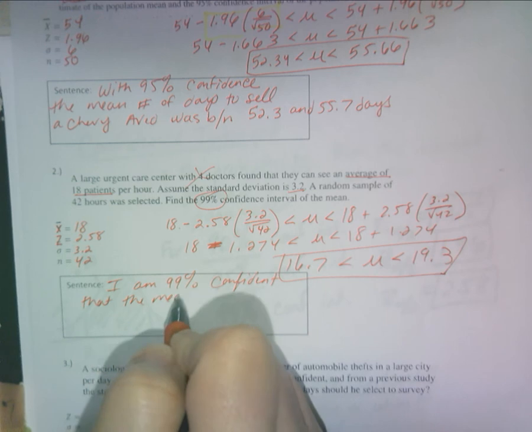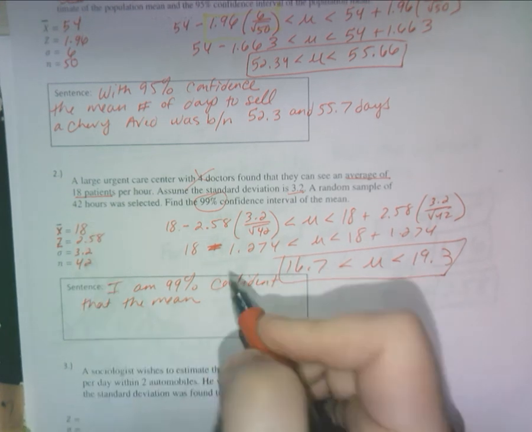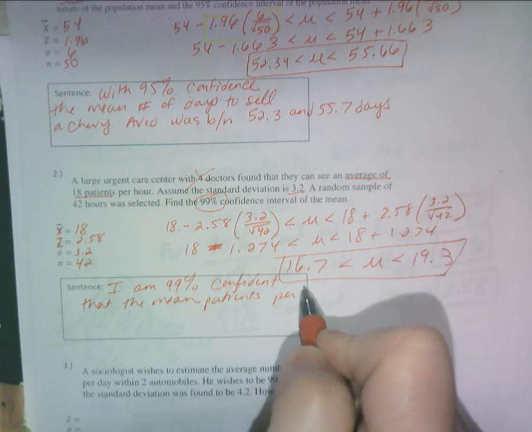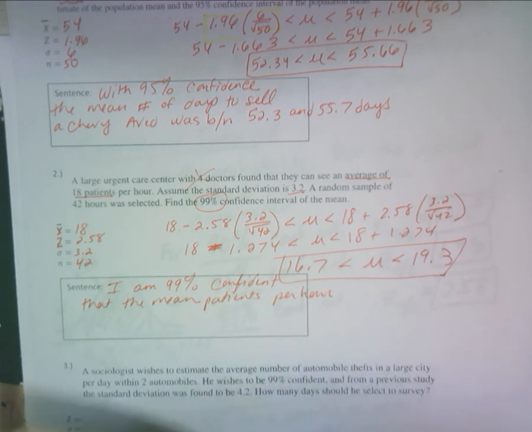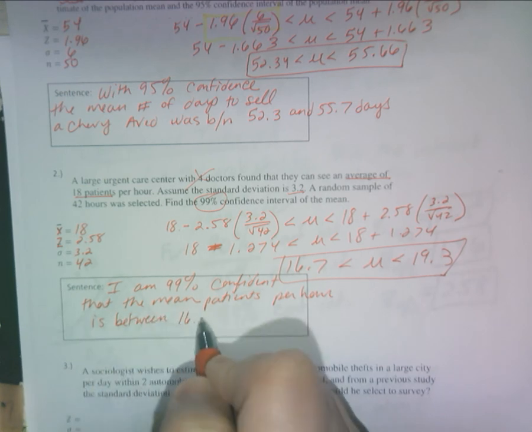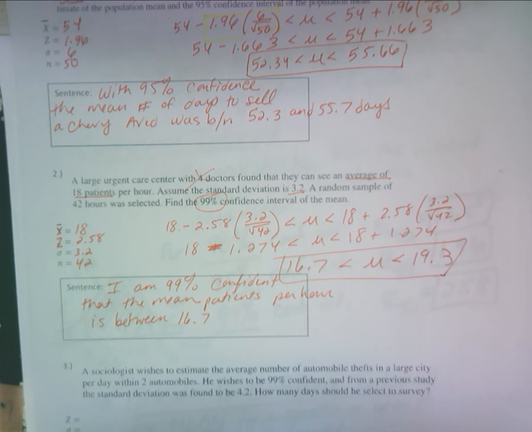that the mean, what is our mean about? What is our average about? Patients per hour, that the mean patients per hour, it's all up in there, so you should be able to read it, is between 16, and again, can you have 0.7 of a patient? Well, it's just accuracy, that's all.